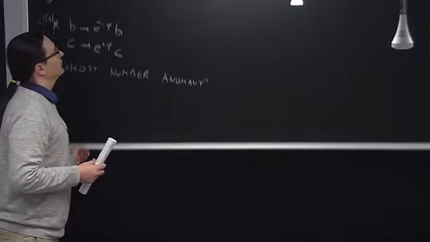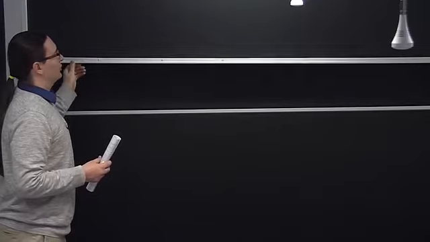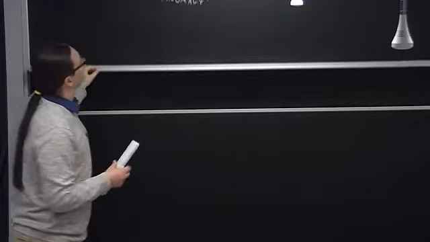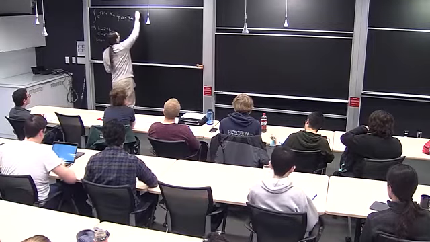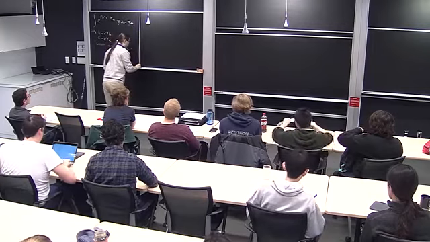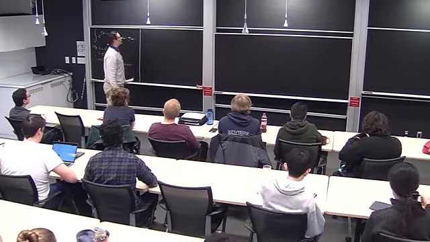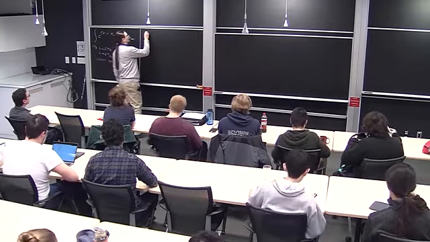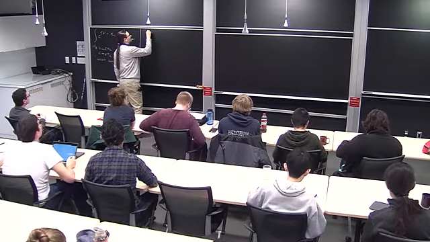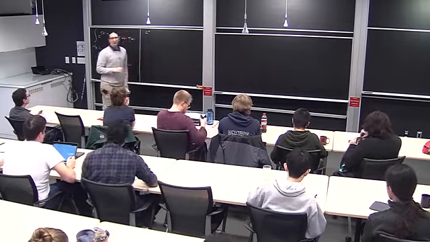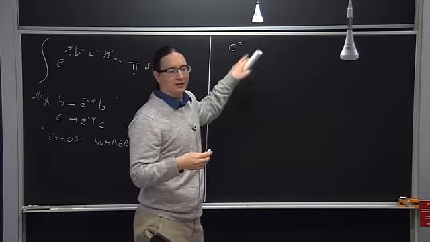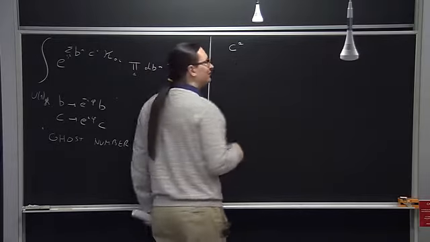Okay, so which information do we need about the string theory ghosts? We learned that we needed some C ghosts which behave like diffeomorphisms, so like vector fields, they have an upper index.